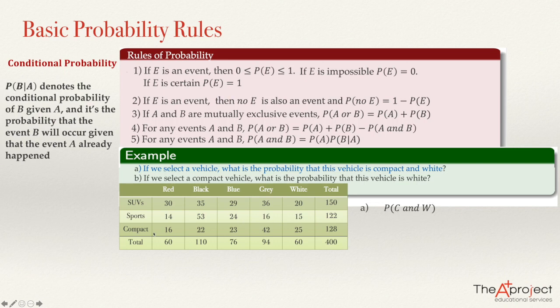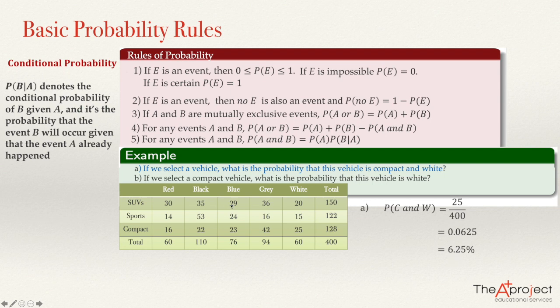And let's see, here are all the compact and here are all the wides. And I noticed that these 25 here are compact and wide. So we already answered this question, so it will be 25 over 400. And this is 0.0625, or if you want, you can type 6.25%.